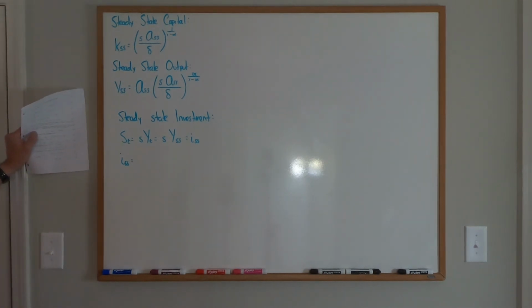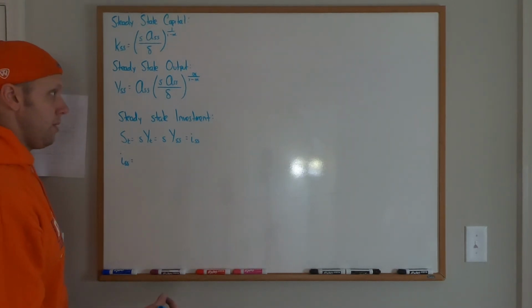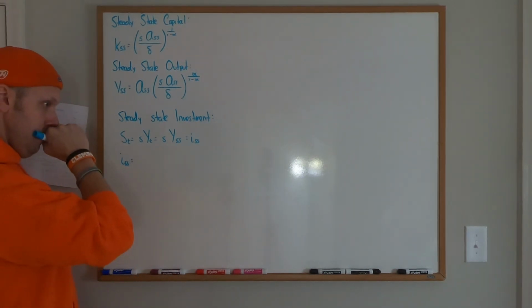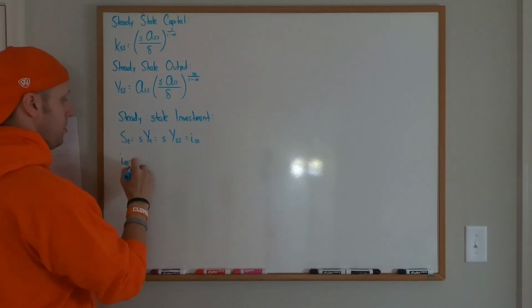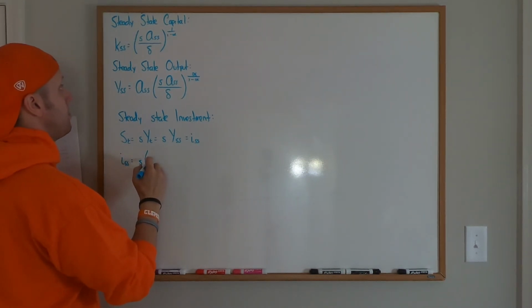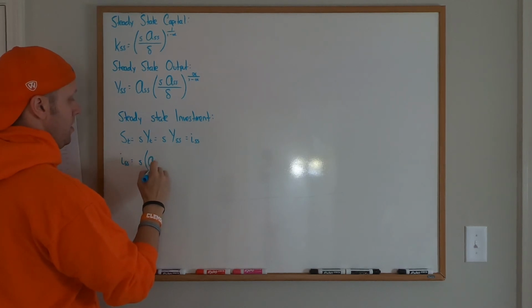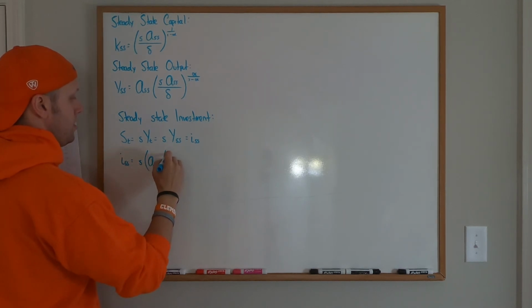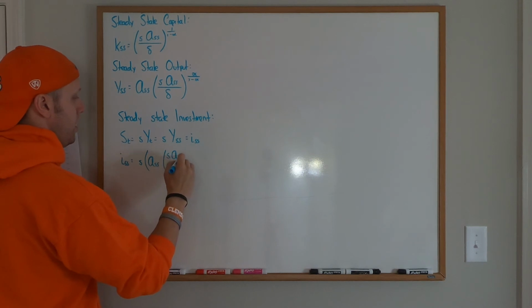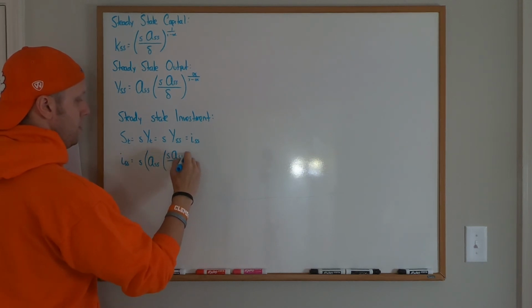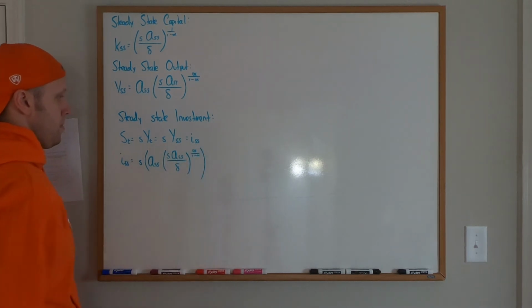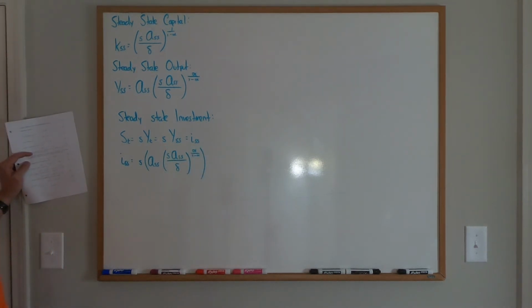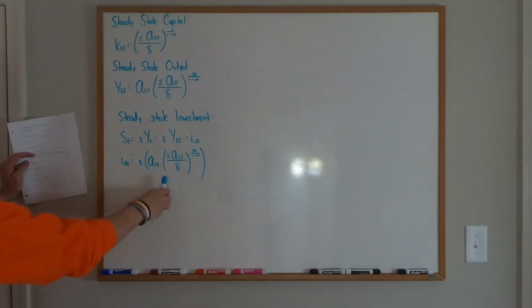So steady state investment is just the constant fraction S that we save every single period times steady state output. So it's going to be S times A times (S times A over delta) to the power of alpha over 1 minus alpha. That's steady state investment.